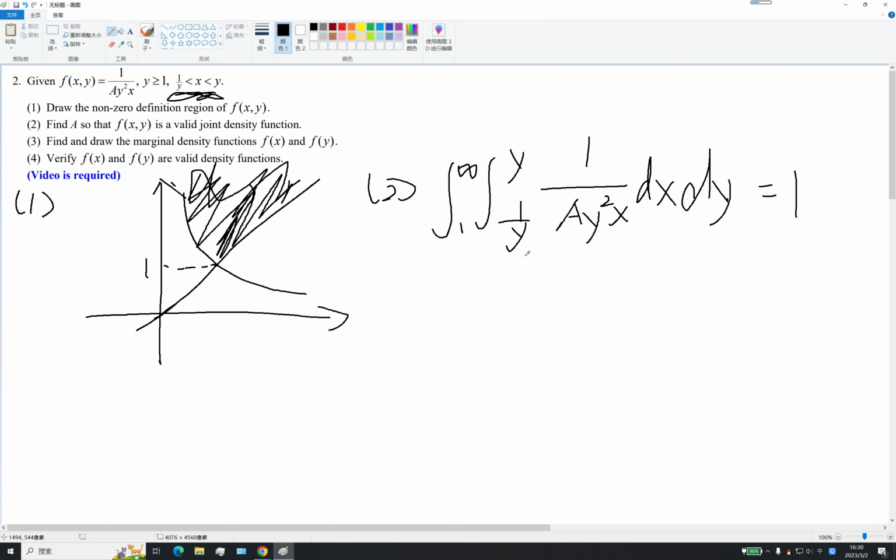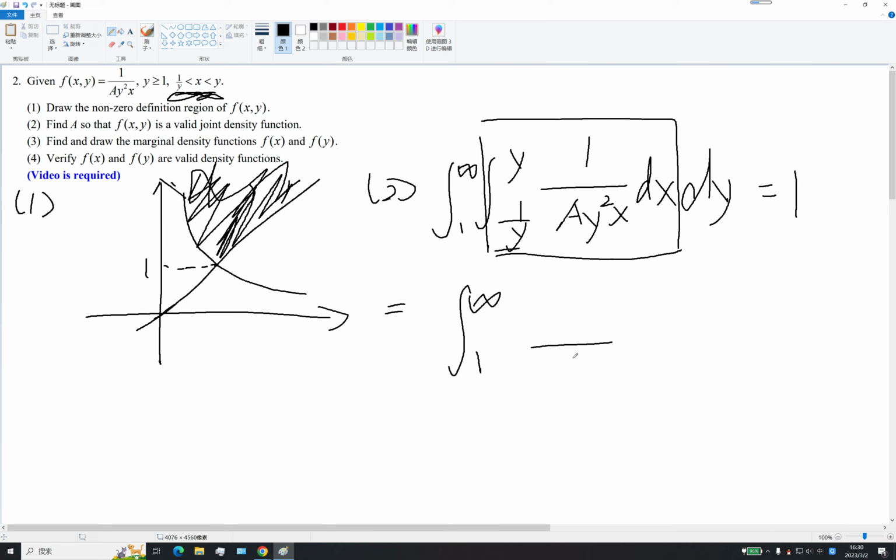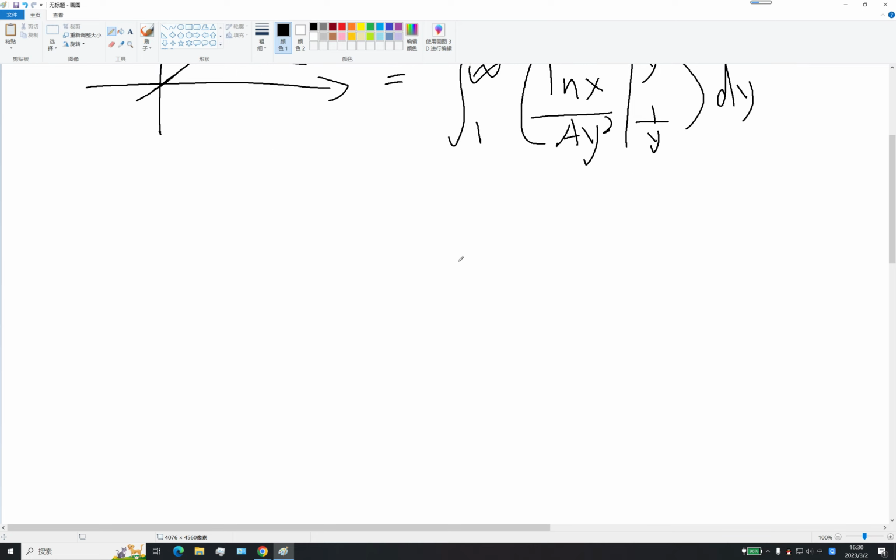We can calculate it step by step. The first step is this component: a y squared ln x from 1 over y to y, and outside is dy.